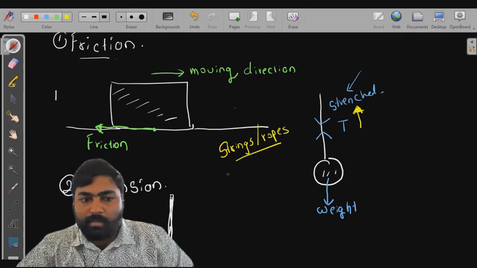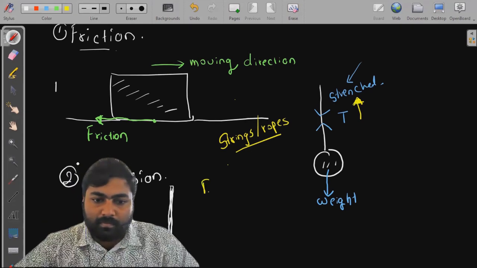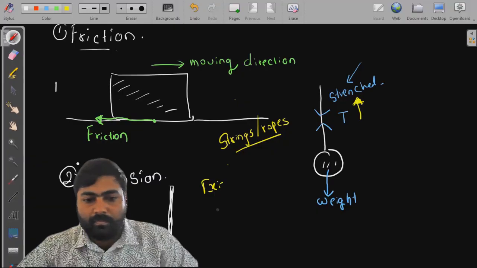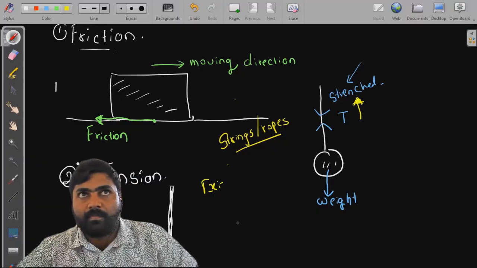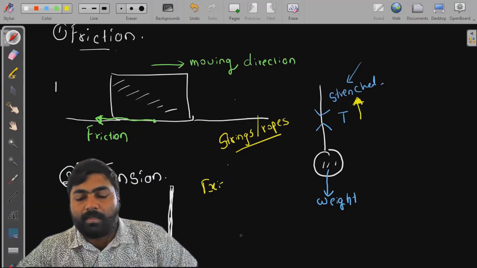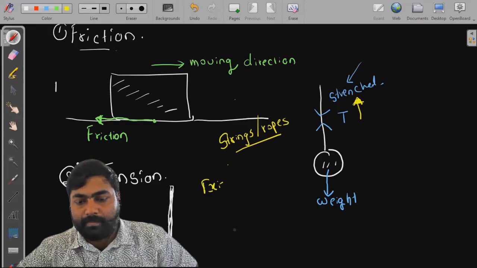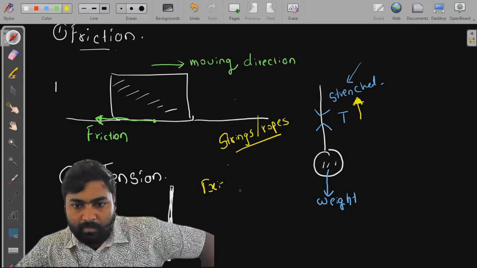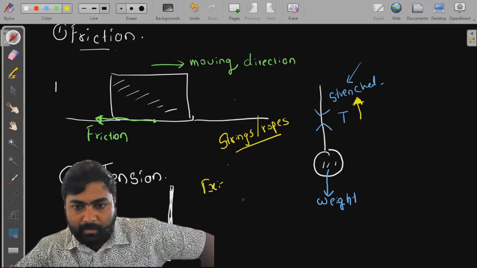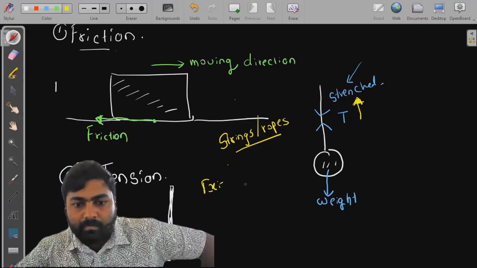Shall we write some example for that one? Write example. When an elevator is held by a cable.